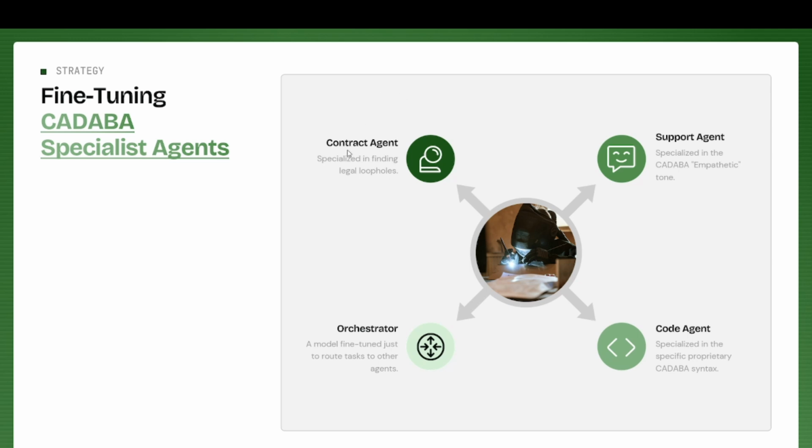Okay, so have a contract agent which will specialize in finding legal loopholes. Have a support agent which will specialize in Cadabra's empathetic tone. Have a code agent which will specialize in the specific proprietary Cadabra syntax, and then have an orchestrator agent, a model fine-tuned just to route tasks to other agents.